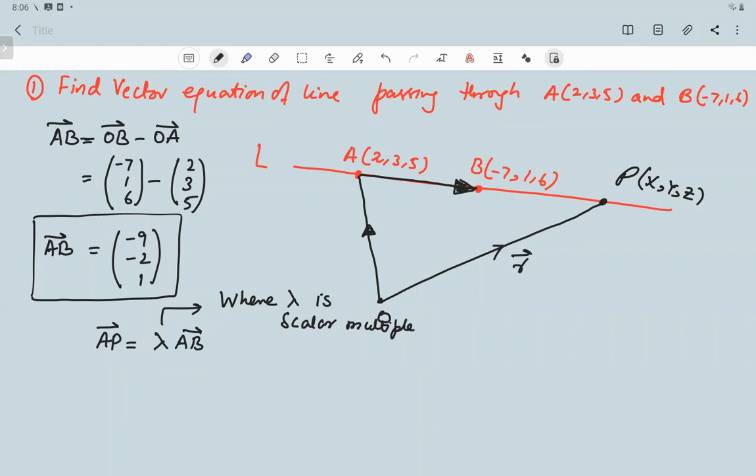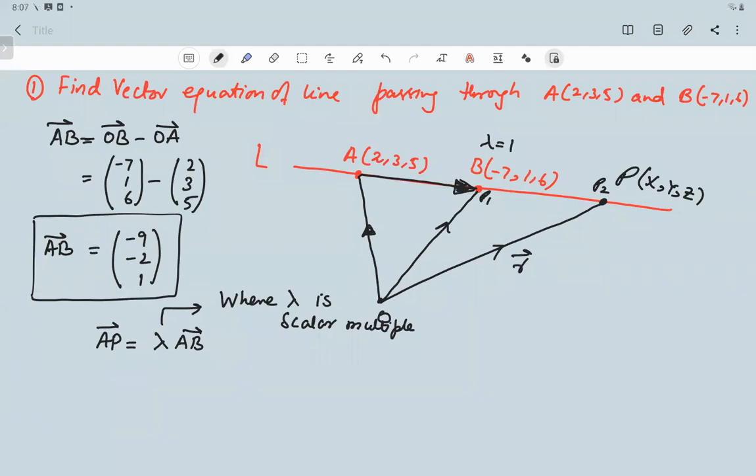When lambda is equal to 1, point P is at the position of B, and I represent it by the point P1, okay? When lambda is 2, P is at a position exactly double AB. AP2 is double in length than AB, okay?